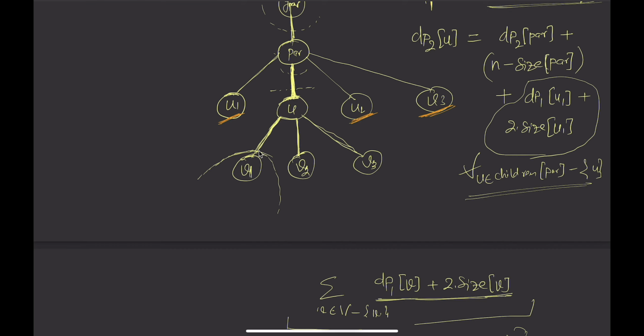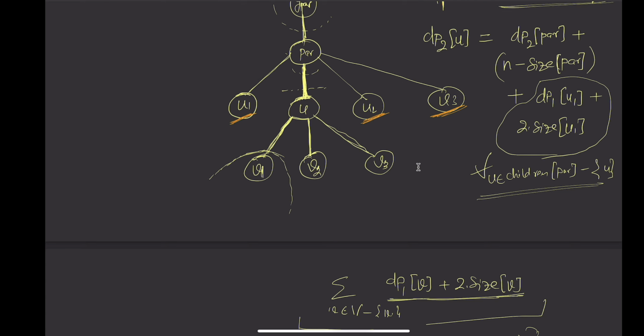It will be the dp2 value of u, plus the subtree total size minus the subtree size of u, size of parent.